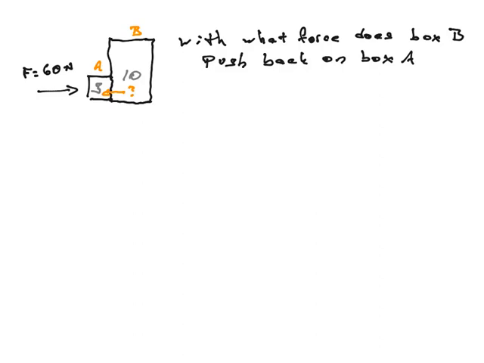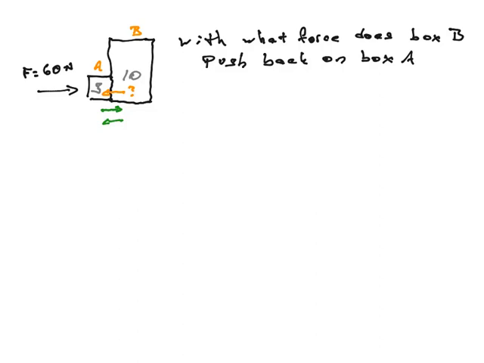A wants to move because of F equals ma. It wants to accelerate to the right. However, there's box B in the way. So what does box A do? It pushes against box B, trying to move. Well, if you know that box A pushes on box B with some force, I don't know what the force is yet, but it pushes with some force, then the third law says box B must push back with the same force.